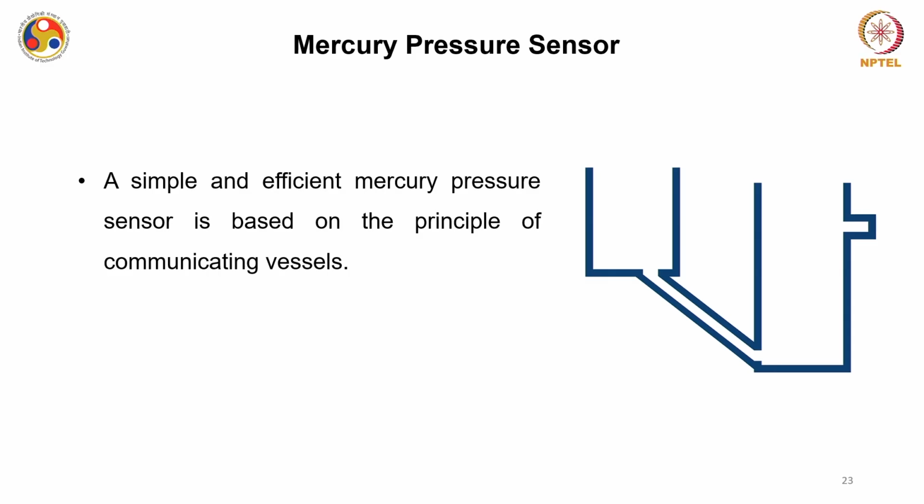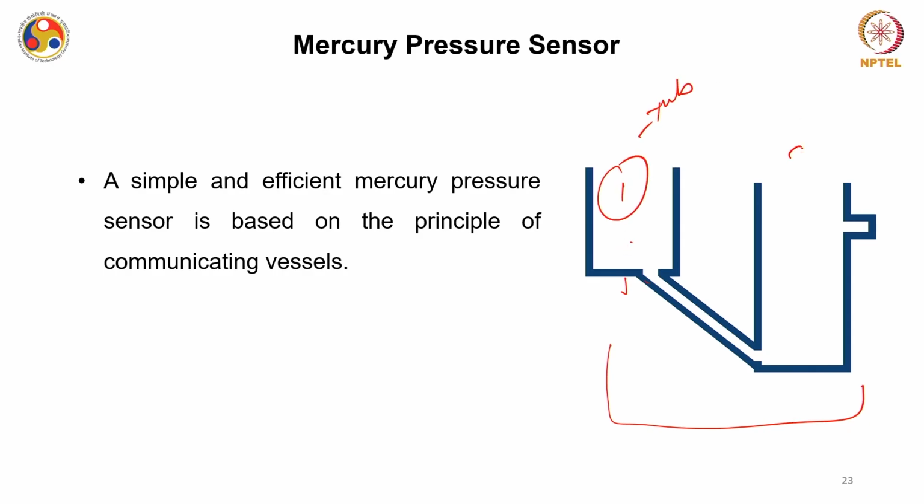Initially most of the devices developed for detection of pressure were based on mercury pressure sensors, and these are based on the concept of communicating vessels. You can see this type of instrument is known as a communicating vessel. You can see that there is a direct connection from the bottom of, say, what I am calling the first tube.